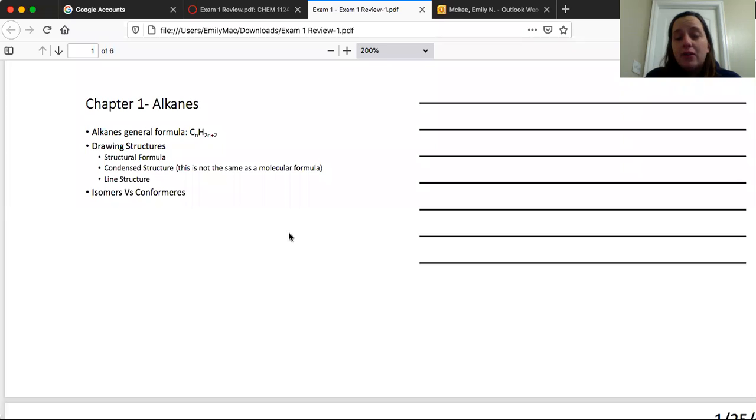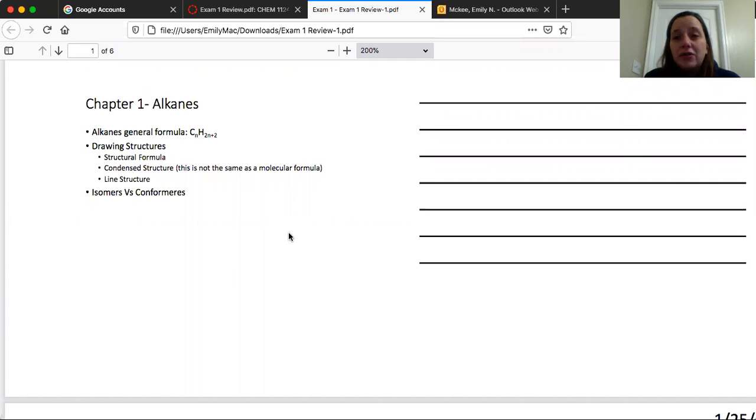I got a lot of incorrect structures on the labs. I was trying to be easy on you because that was kind of our first round. But I am going to start requiring you to draw the correct structure. So if I ask for a structural formula, please give me a structural formula.